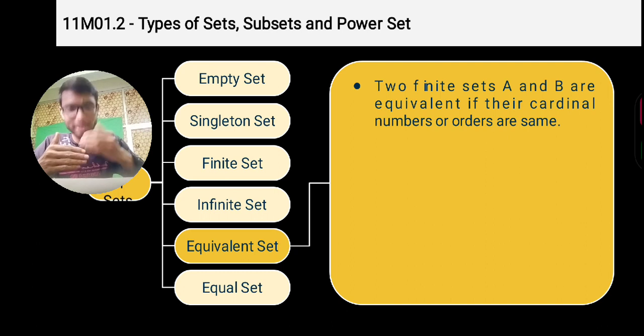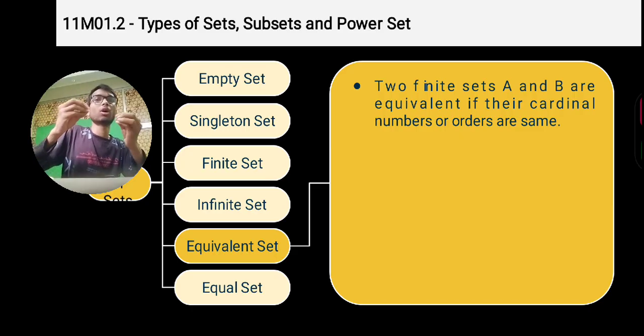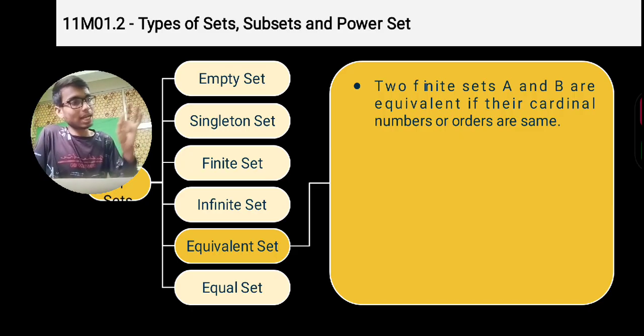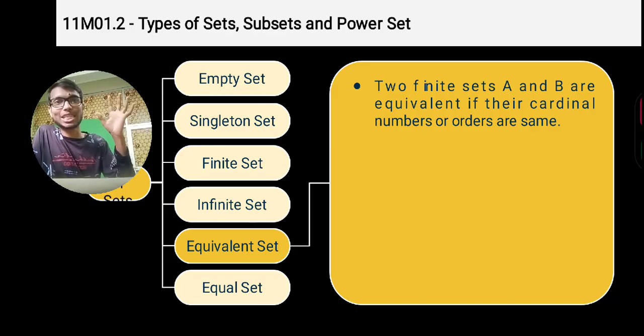If one set has 4 elements and another set also has 4 elements, then both will be equivalent sets.